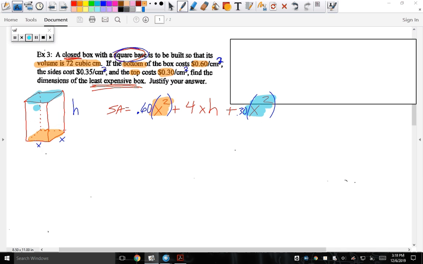You see what I'm doing, guys? And then I'm going to do the sides by 35 cents. So let's put that a little clearer. 0.35 times that. Now, what should I name this?